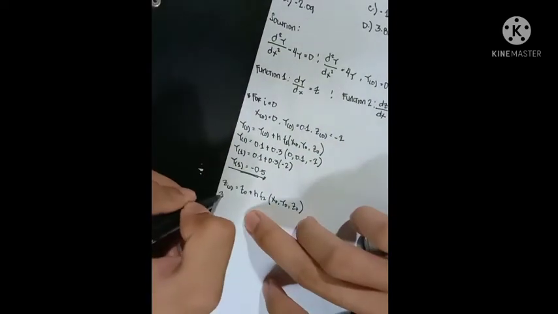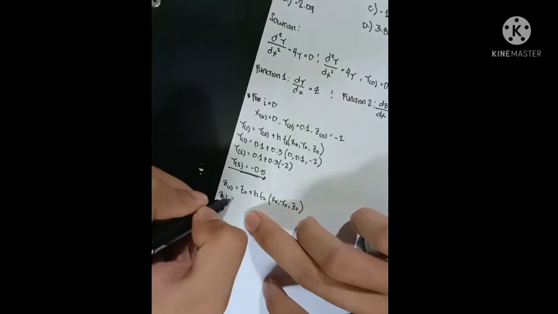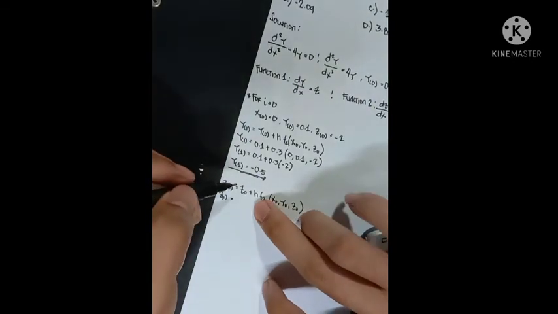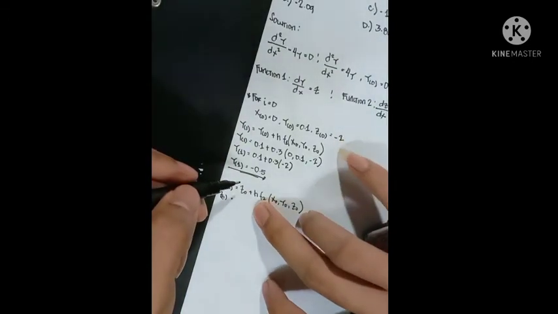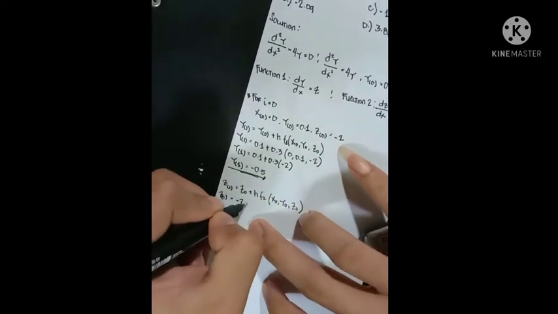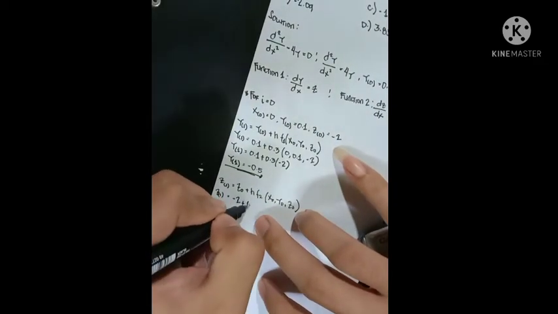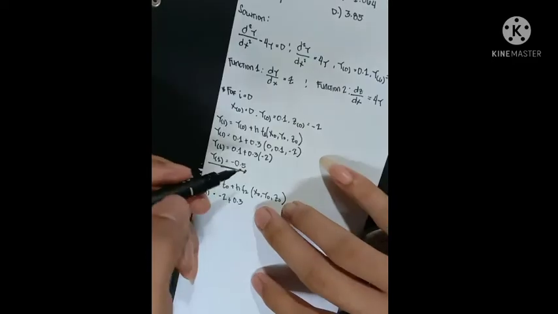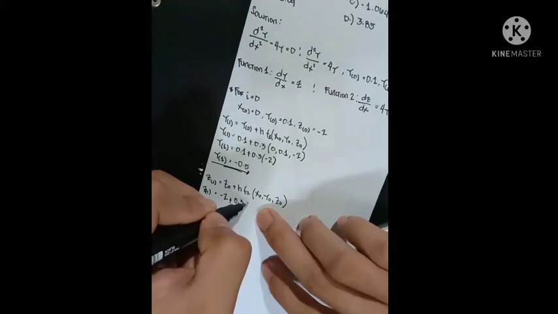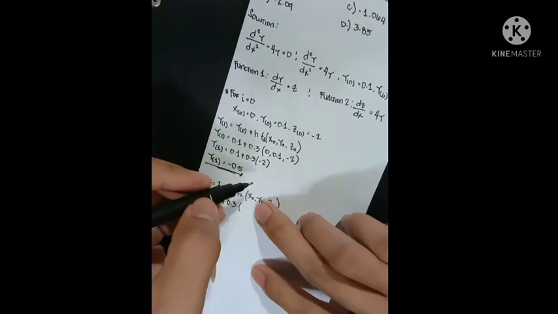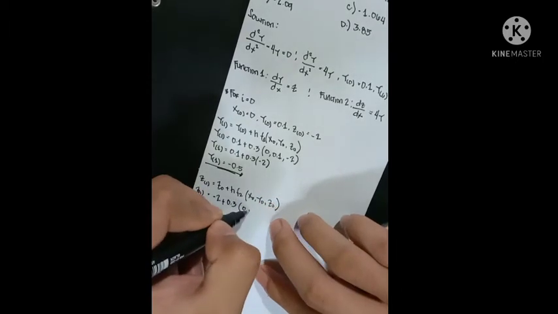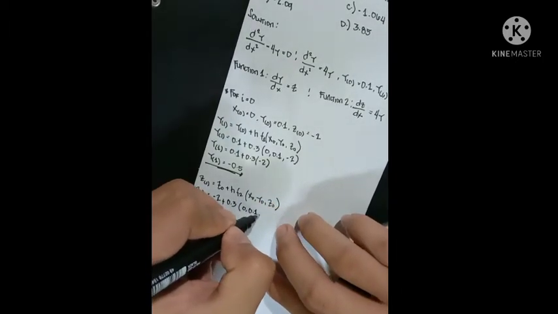So for z1, our z0 we have negative 2 plus the step size of 0.3 times the function 2 of 0, 0.1, and negative 2.